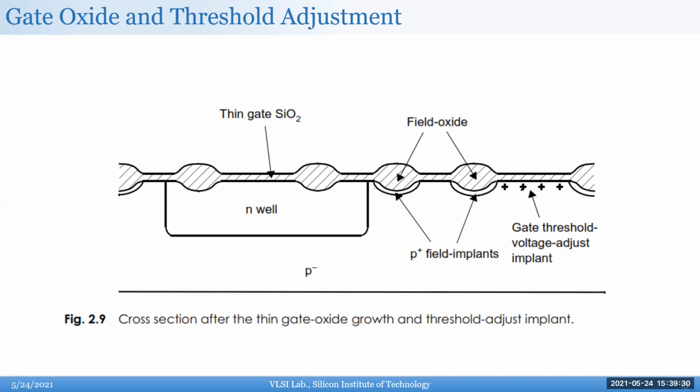Here you do the adjustment so that it allows you to get the threshold voltage you want. For example, if you're doing 0.18, you want a threshold voltage of 0.5 volts or 0.4 volts. You do that implantation, and we'll go into pretty detailed theory of how to control this tomorrow when we do the threshold calculations.